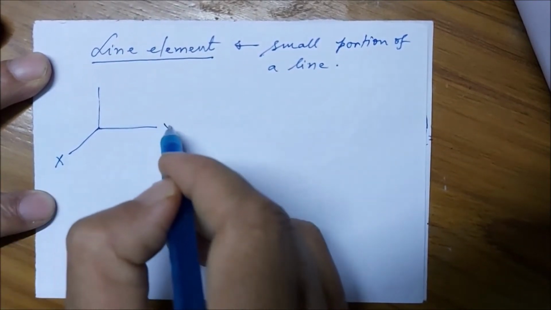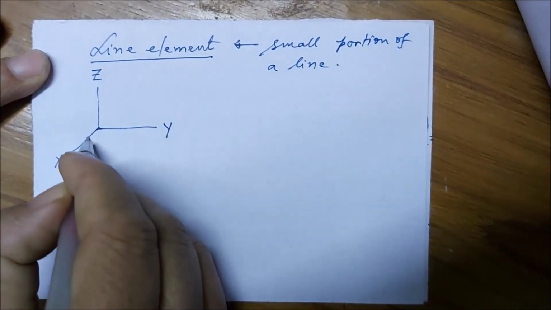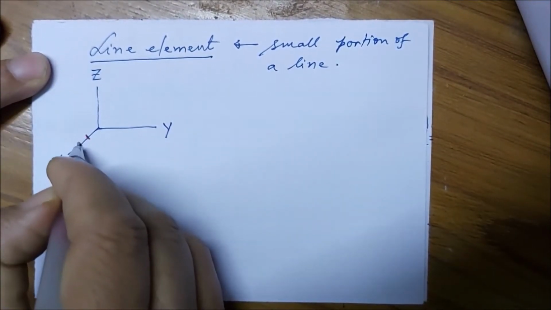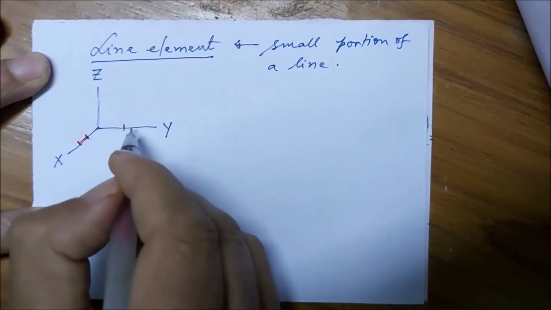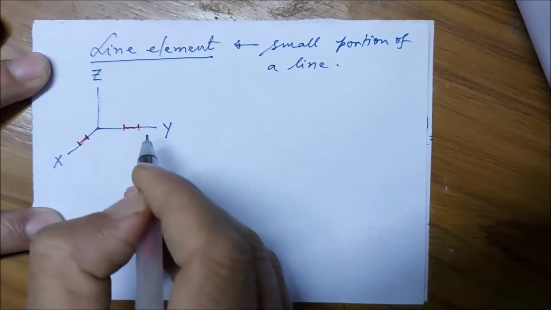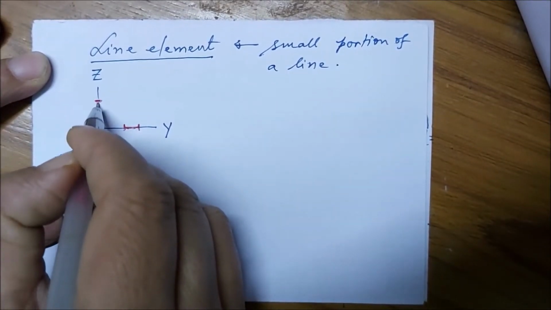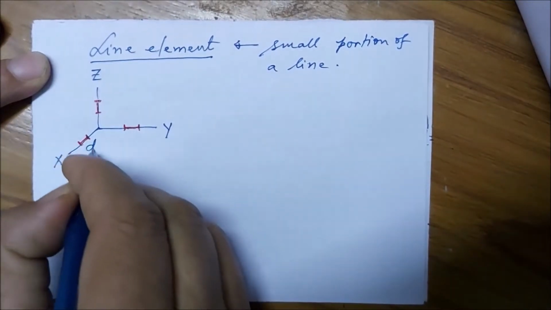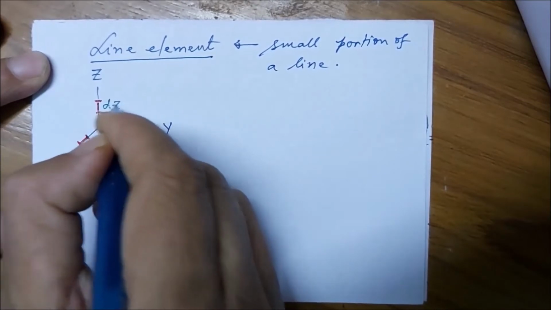This is x, this is y, and this is z. A small portion along x is this one, which is dx. A small portion along y is dy, and a small portion along z is dz. So we have dx, dy, and dz.